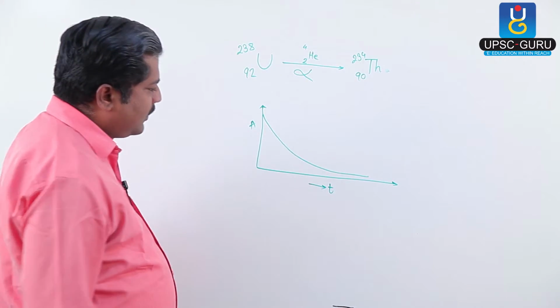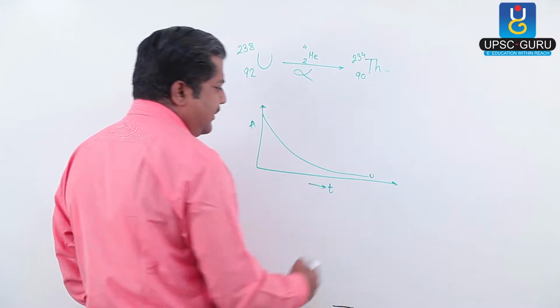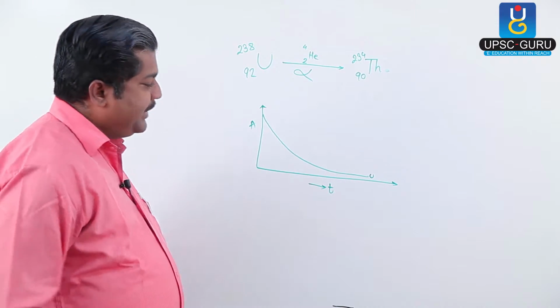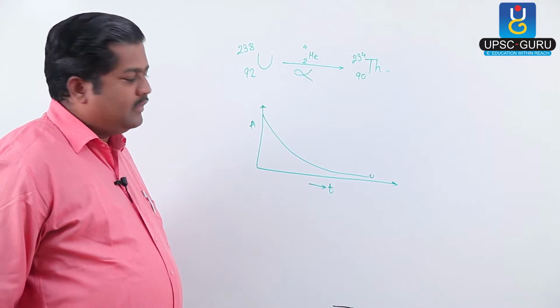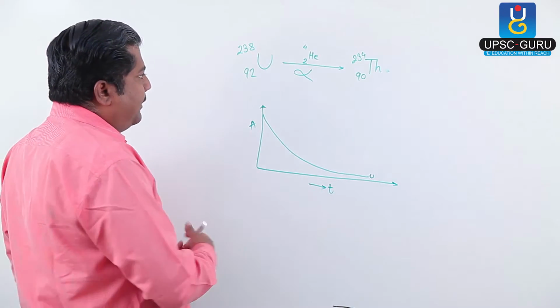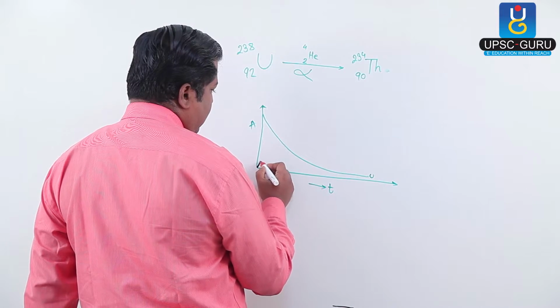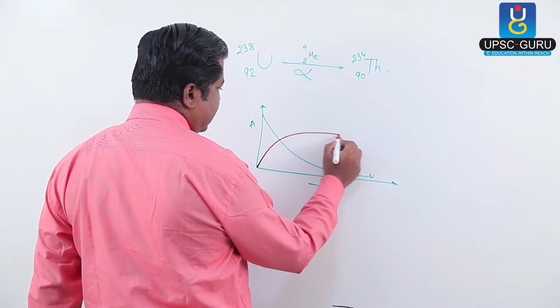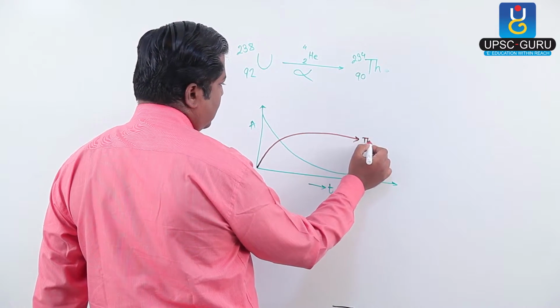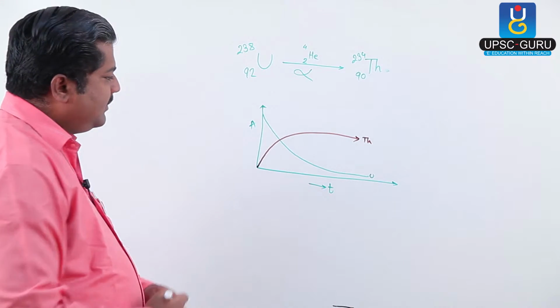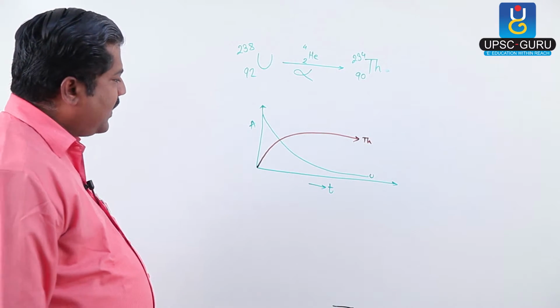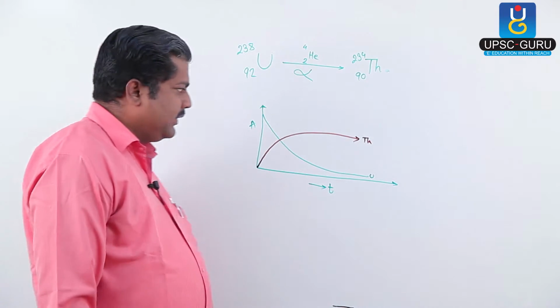That means the amount of uranium, suppose I am showing uranium in green color, will decrease, whereas the amount of thorium, initially it will be 0, but it will be increasing this way. So this is the amount of thorium. Some sort of this type of graph is produced.